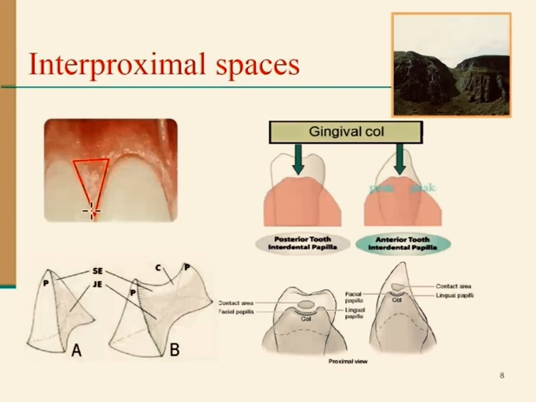Here, what you need to know is that faciolingually, when you see it interproximally from the buccal to the lingual aspect, we call it a col. A col is a depression in between two elevations. So here we will have an interdental papilla on this side.